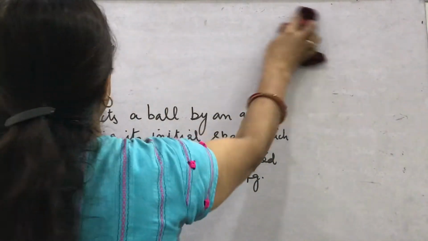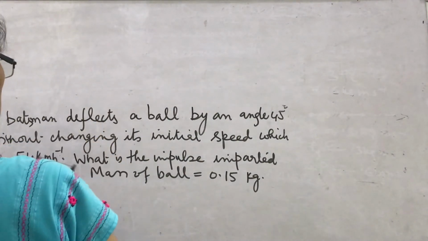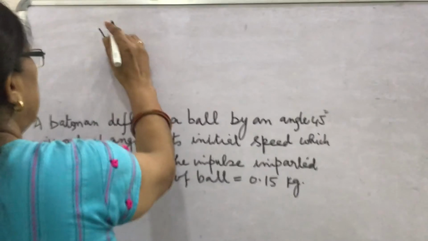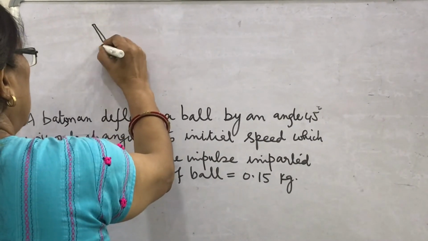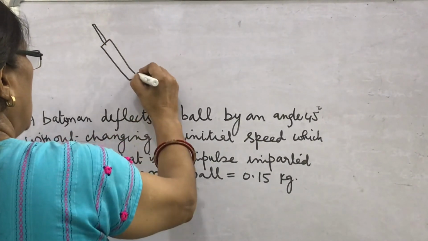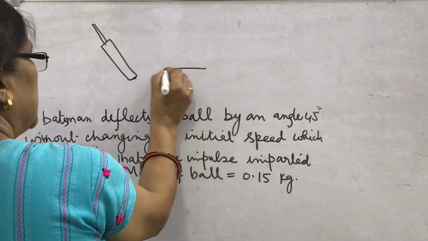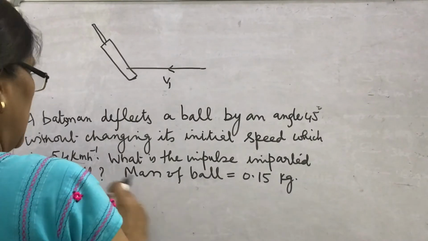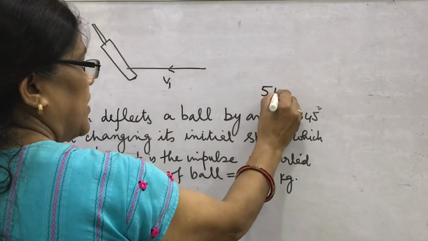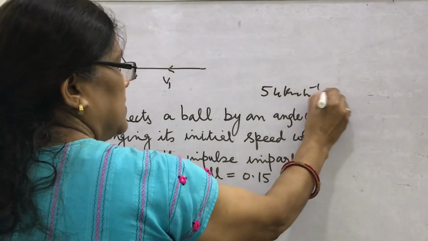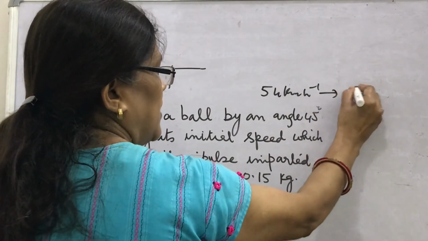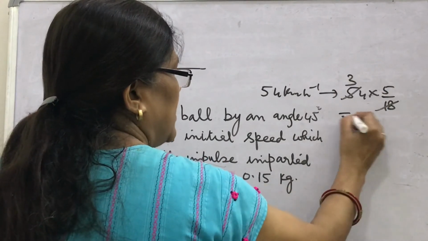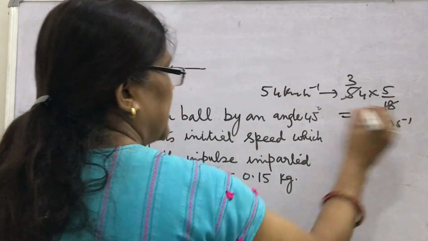Since the batsman is hitting the ball, suppose this is the bat and the ball is striking the bat coming from this direction with the speed v1. What is the speed? 54 km per hour, change it to meter per second, then 54 into 5 upon 18, 18 threes are 54, that is 15 meter per second.